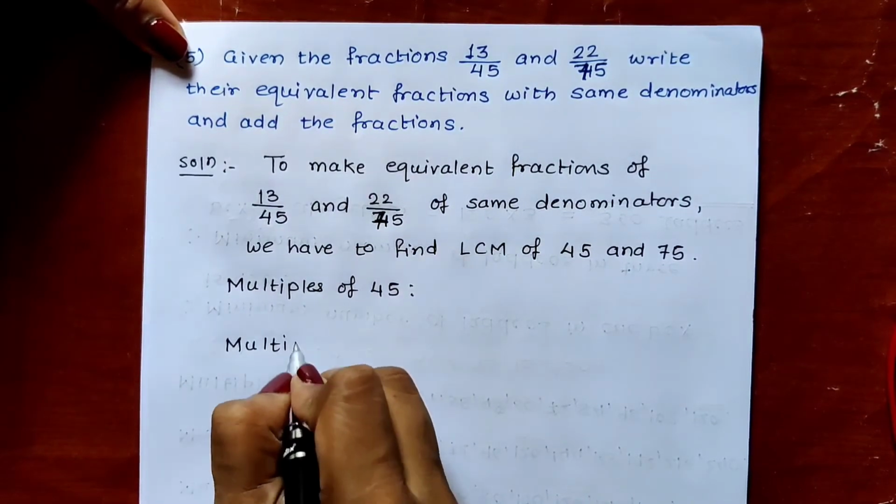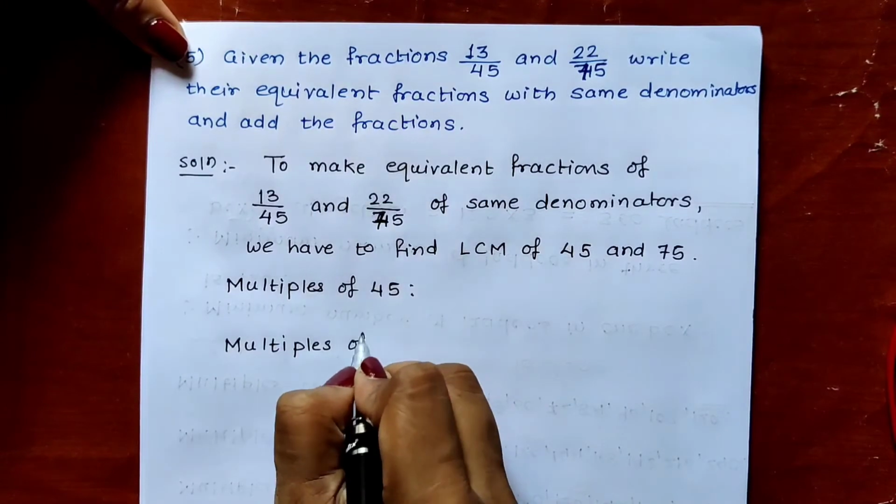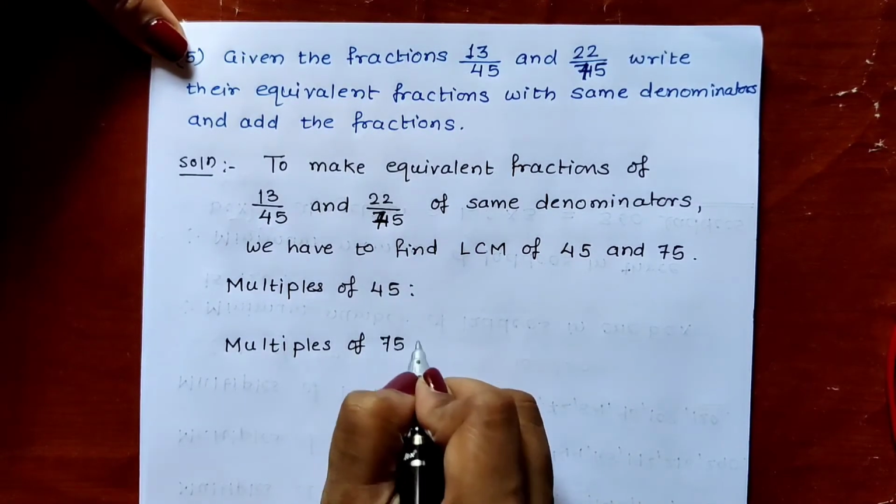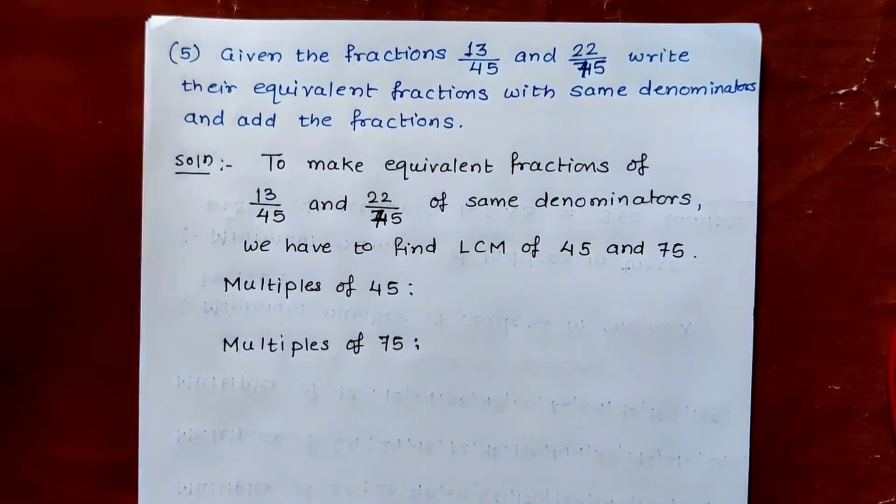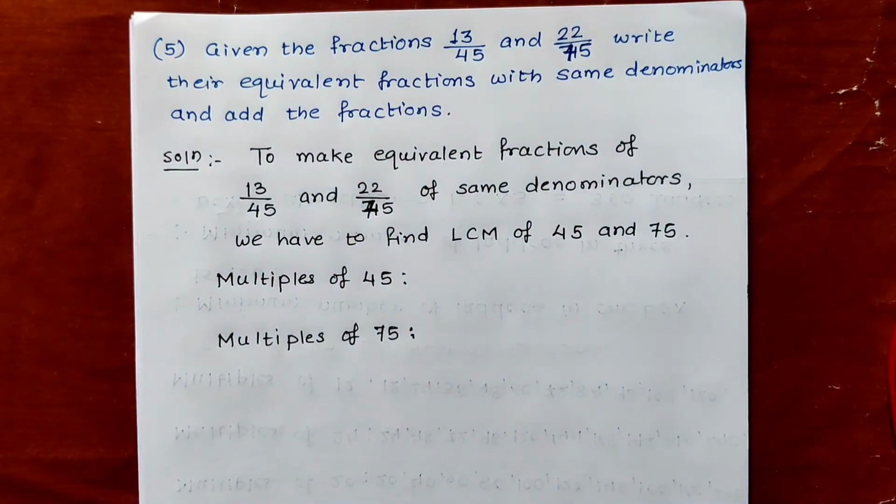You can multiply 45 twos are, 45 threes are, 45 fours are, 45 fives are, and then write the multiples. So I have made it. I am writing.